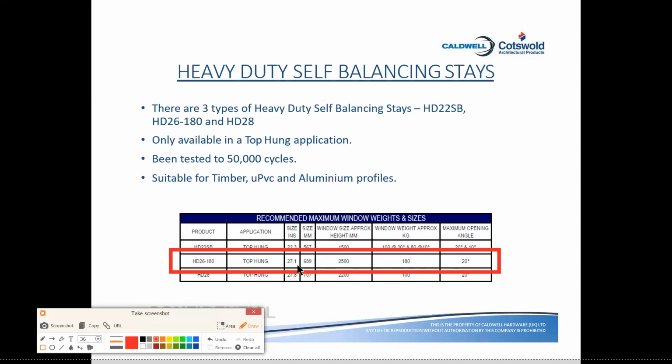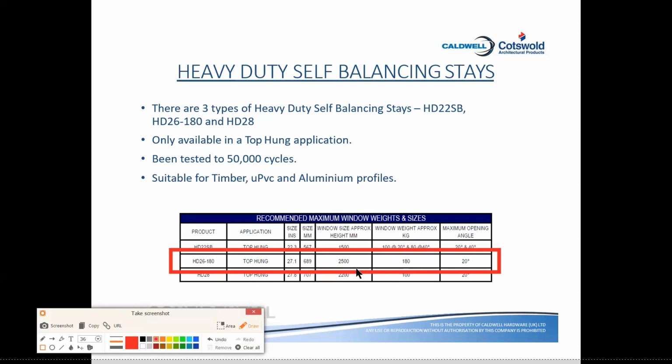Its length in inches is 27.1. In mm length comes to almost 690. And height of the window in top hung glazing or top hung casement, it can take up to 2.5 meter, which is really very high.